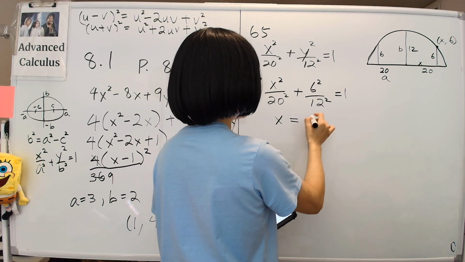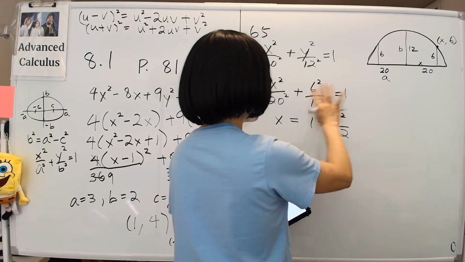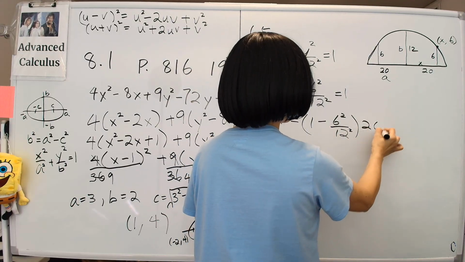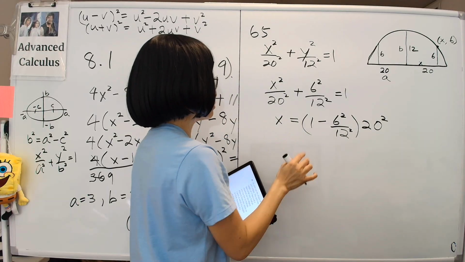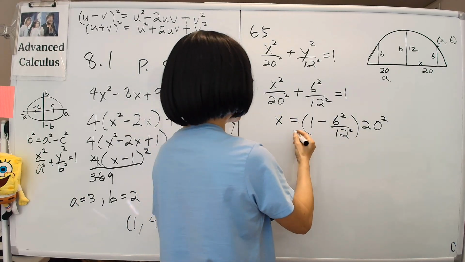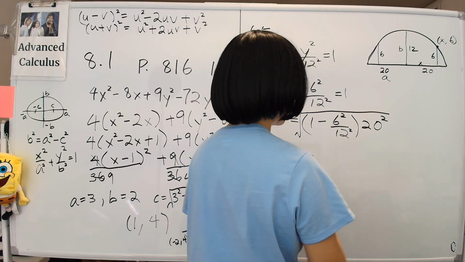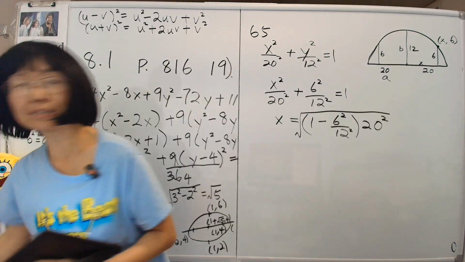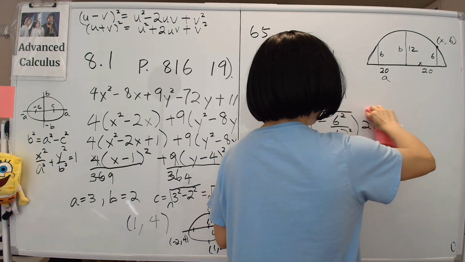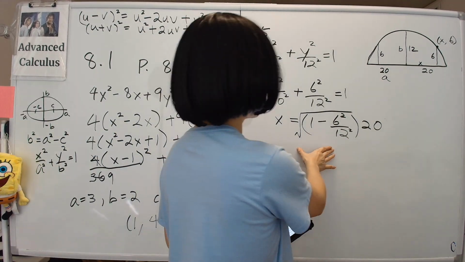So then x equals 1 minus 6 squared over 12 squared, putting this on the other side, and then multiplying by 20 squared, and then we take the square root of the whole thing. We don't have to take the square root of 20 separately; we'll just put the square root sign over all of it. So it's just 20 times the square root of all the stuff.